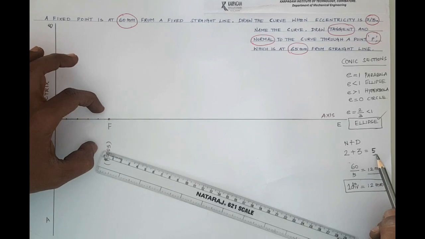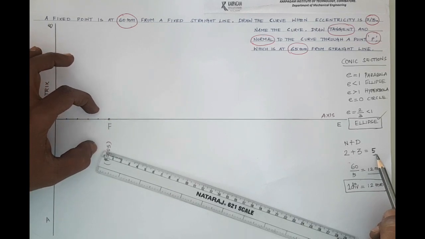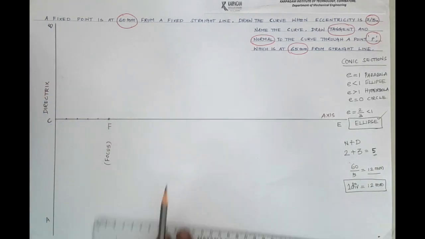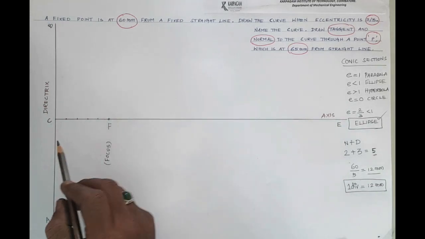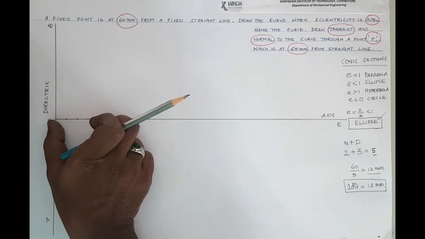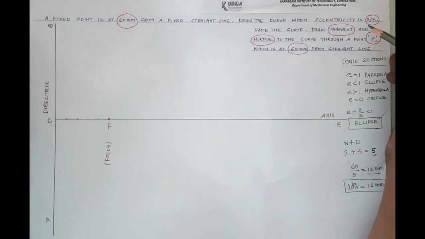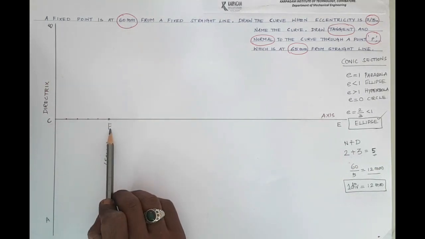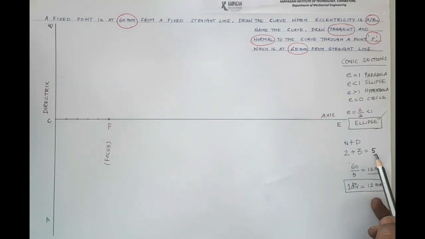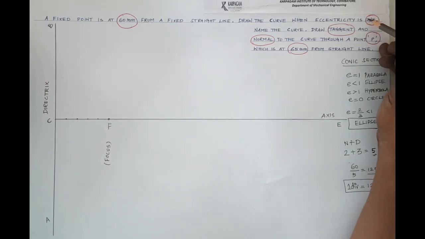So it is correct. In the eccentricity method, for dividing the distance between C and F, what will you do? It's very simple. Take this value of C and F and use the numerator and denominator sum value, and divide that CF distance by this addition. 2 plus 3 is equal to 5 for this problem. In some problems you will have 3 by 4 like that.